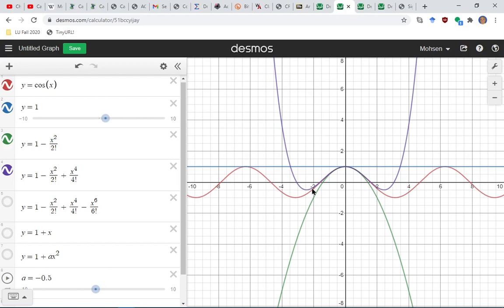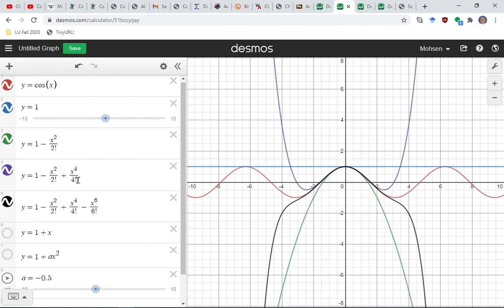If I want even better reproduction, I have to throw in more terms. Here is the next one, up to level 6. This black curve is now staying close to cosine for quite a while. Now the main mathematical question is, well, what are these numbers? That's the major component of the recipe.